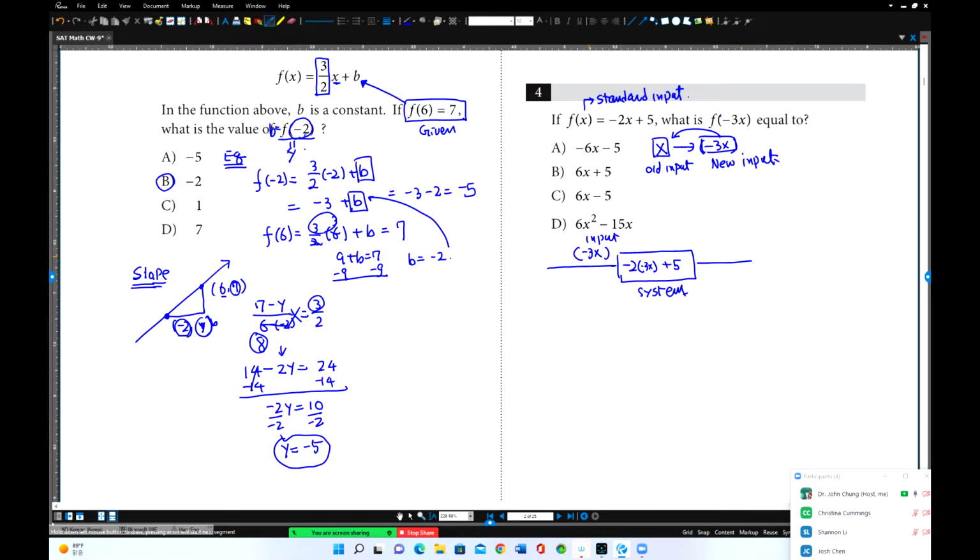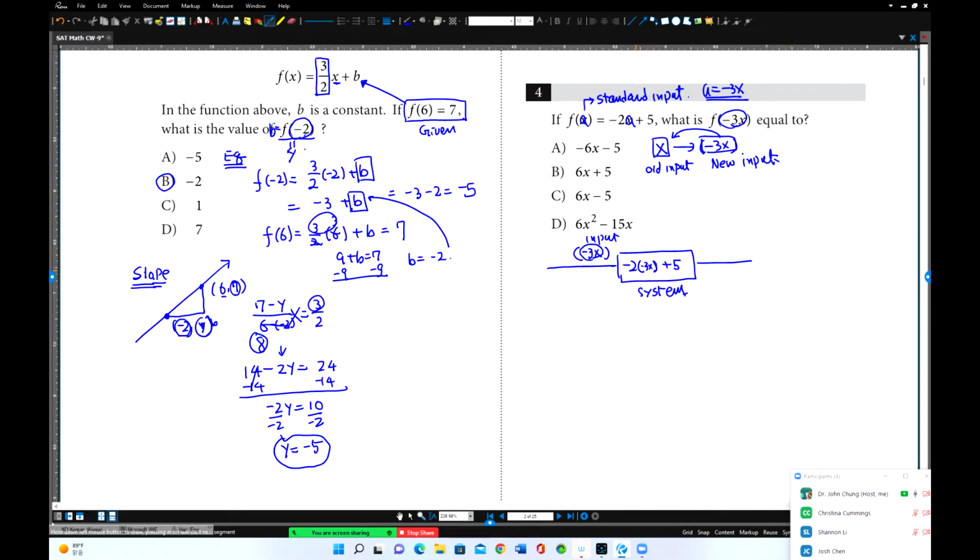Now instead of x we use negative 3x. Or maybe you can use a, but instead of a, we put in negative 3x. a equals negative 3x, that is the replacement. x is not negative 3x, this is wrong. Now we got the new input there, so put it in the parentheses over here.